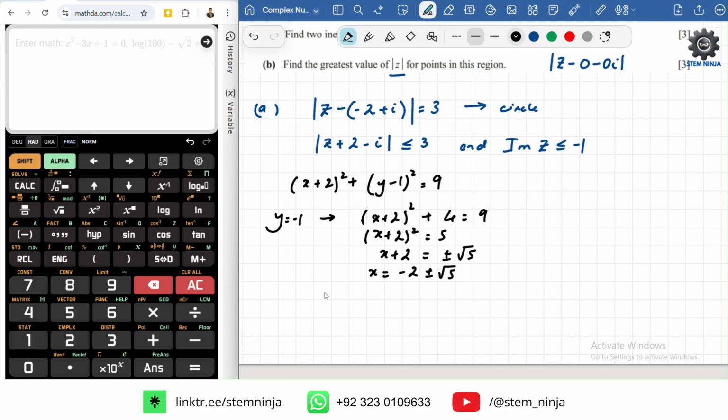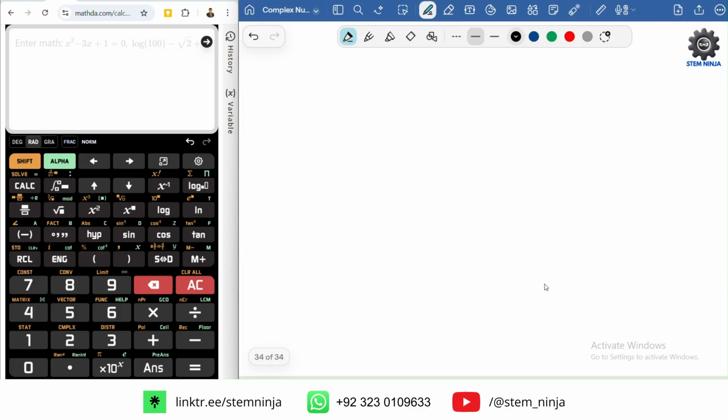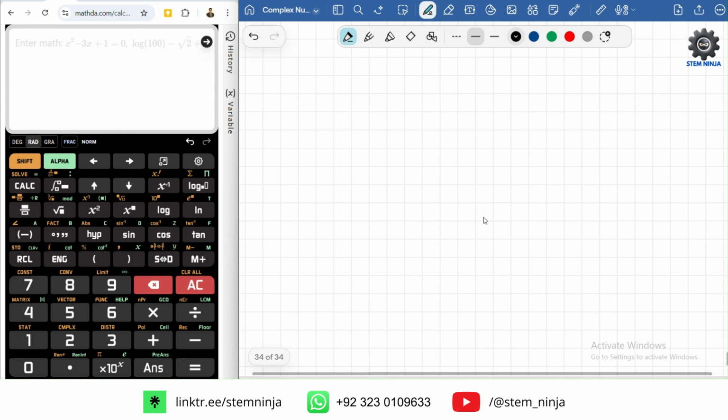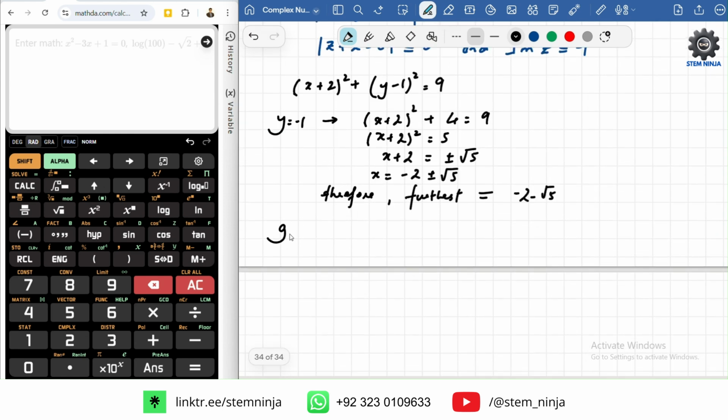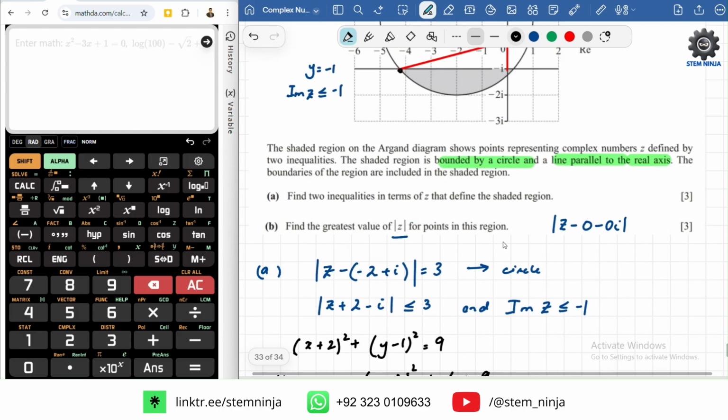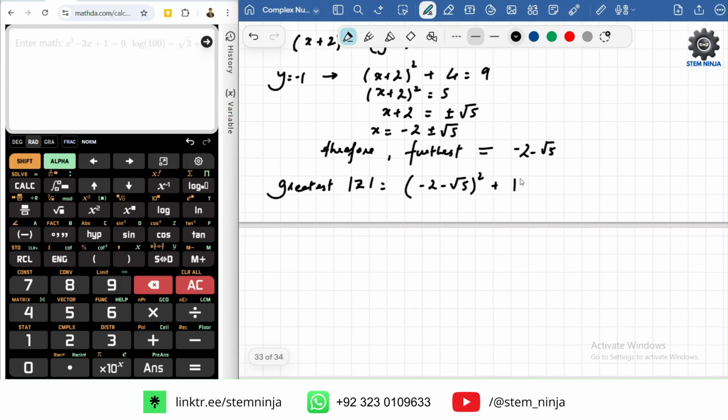So therefore the furthest point is at x equal to minus 2 minus root 5. So the greatest mod z would be the distance of z from the origin, the square root of x squared plus minus 1 whole squared, that is 1 squared.